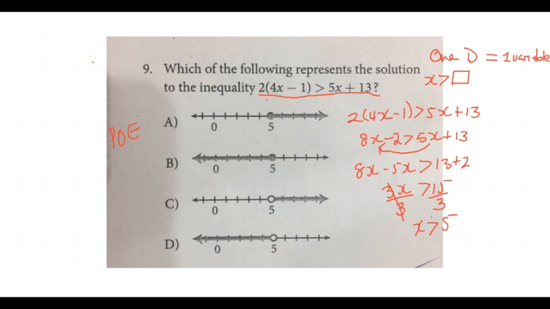Because this is just greater than and there's no equal involved, it means that choice A, which has the solid dot, goes, and choice B, which also has the closed dot, goes. So C and D would be our options. Because it's x is greater than, automatically you know your answer is C. The arrow is going to point in the direction going towards the positive, or towards the right side.